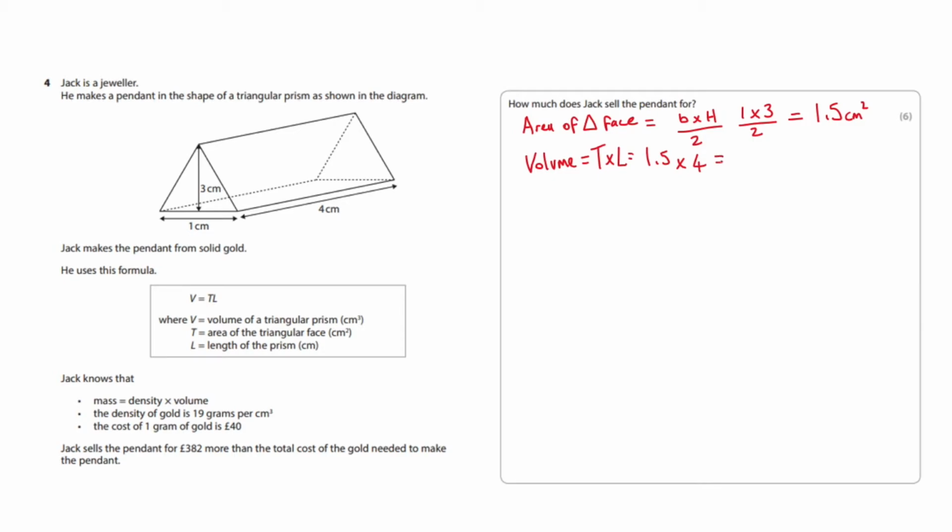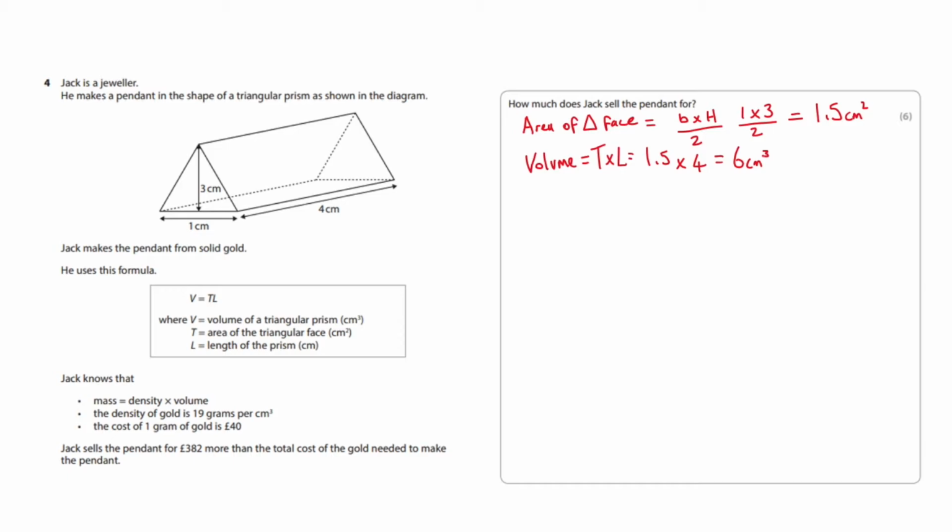That equals 6 centimetres cubed. Okay, so now we know the volume of our triangular prism.